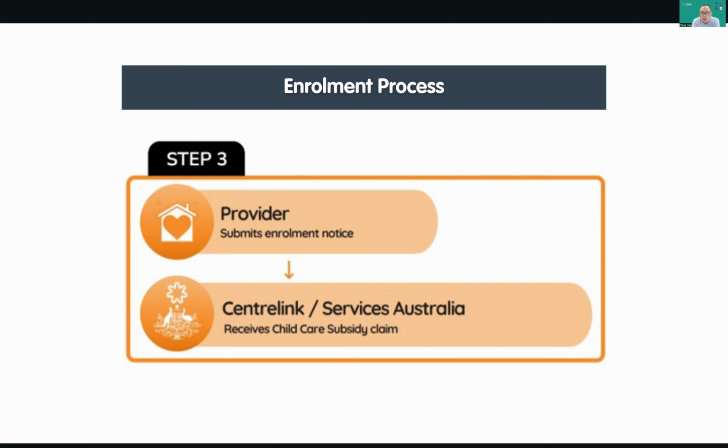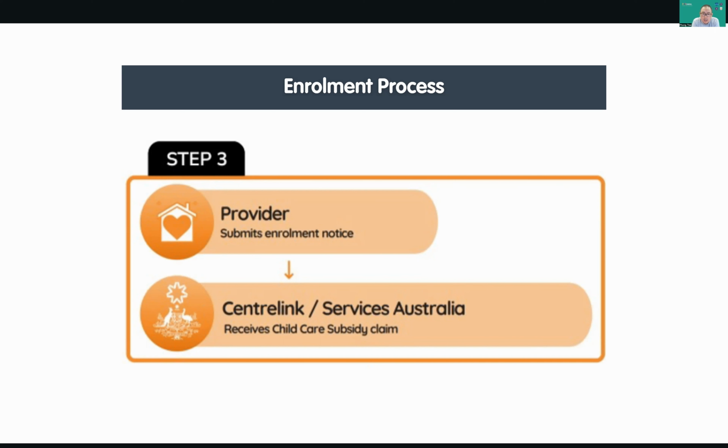Once you have made an arrangement of care with an individual or a family, you can create a new enrollment notice through your childcare software, or directly through the PEP. The PEP, for those that weren't here last week, is the provider entry point, which you gain access to via Proda.